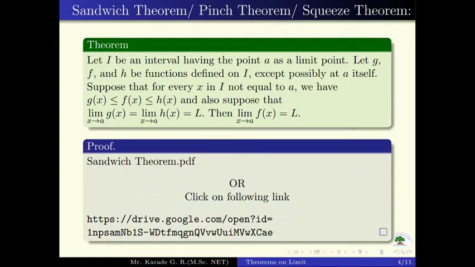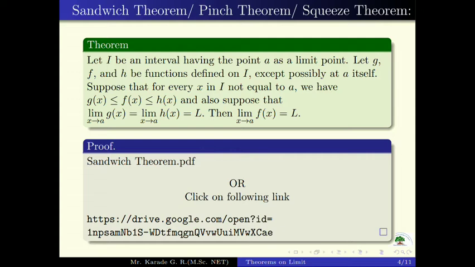This is the sandwich theorem. Let I be an interval having the point a as a limit point. Let g, f and h be functions defined on I, except possibly at a itself.